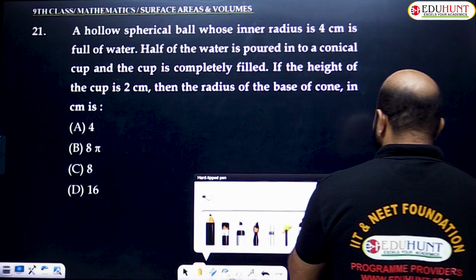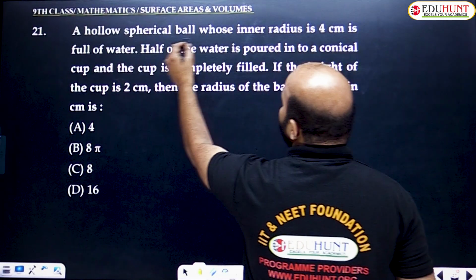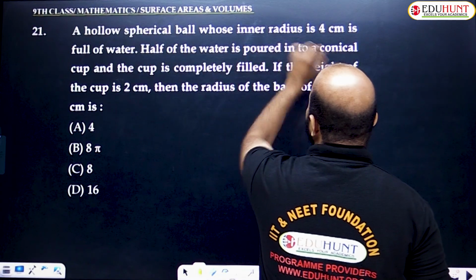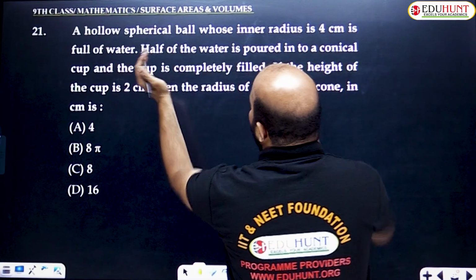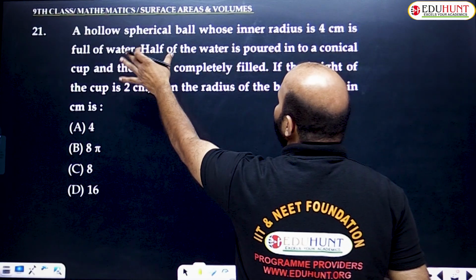So clearly we need to understand. In that question, a hollow spherical ball whose inner radius is 4 centimeters is full of water. Half of the water is poured into the conical cup, which means only the remaining half is left.